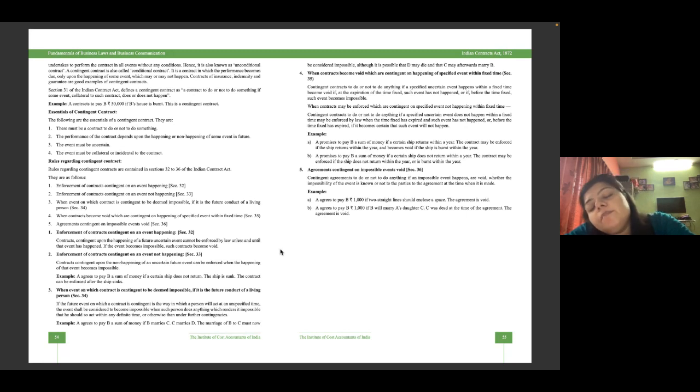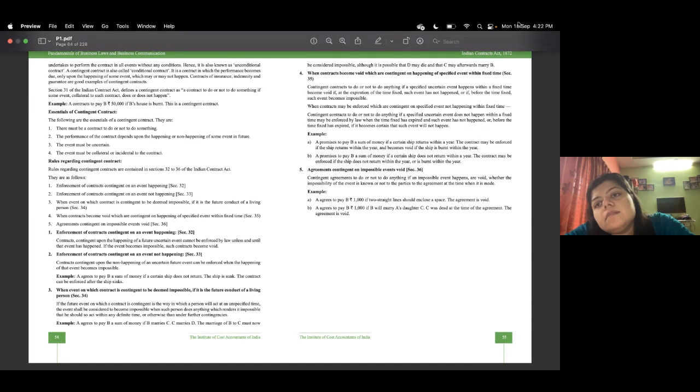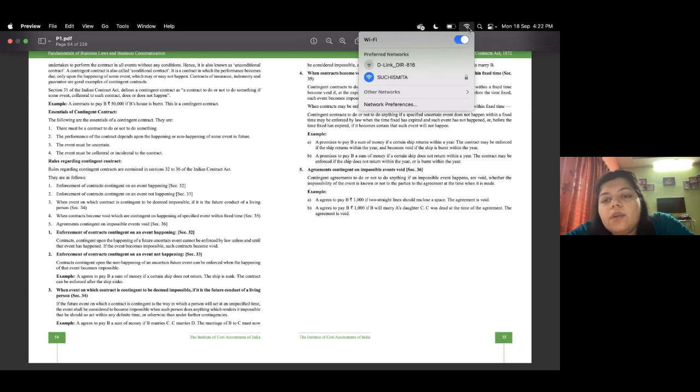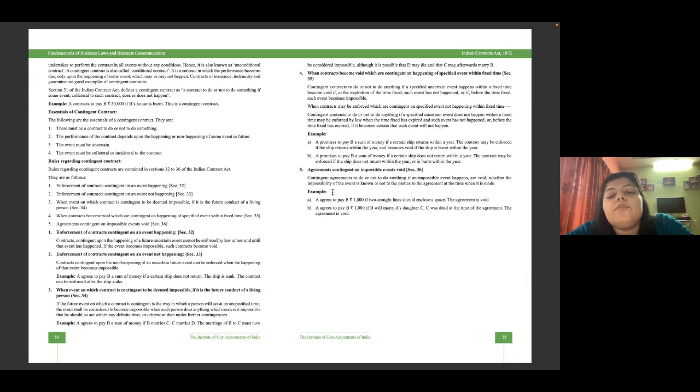But if there are impossible events, supposing I say that I will only pay you a certain amount of money provided that cows fly. So this is an impossible event and for which the agreement will not be enforceable. It will be void.